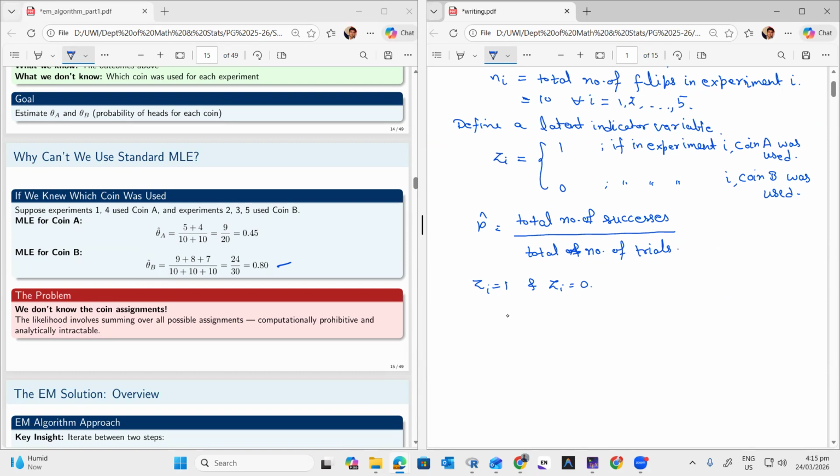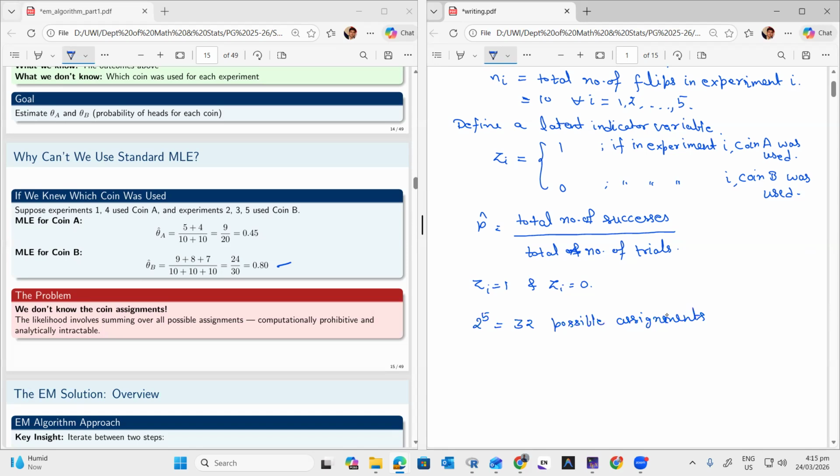That will be 2 raised to the power 5. So it will be 32 combinations, or possible assignments.